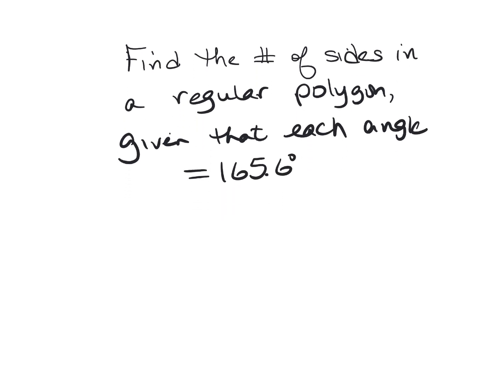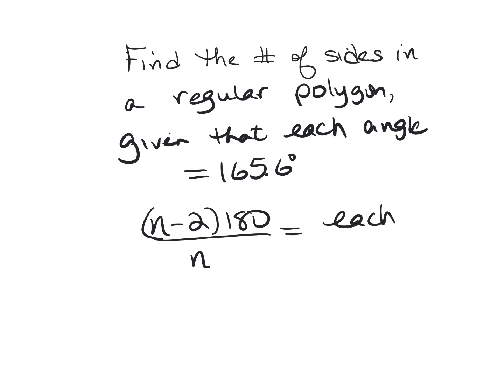So what I'm going to do is use my formula, n minus 2 times 180 divided by n, and that's going to give me what each angle measures, and that was my given.